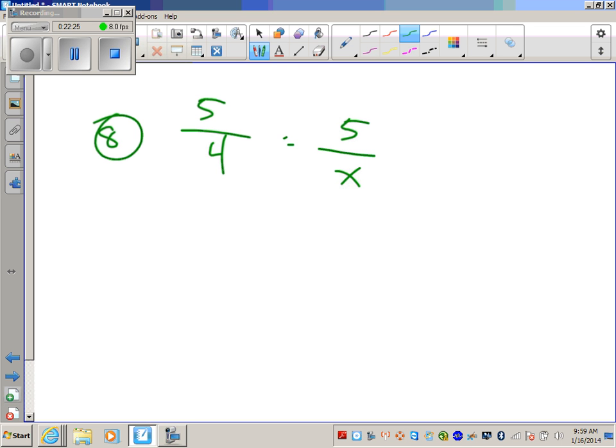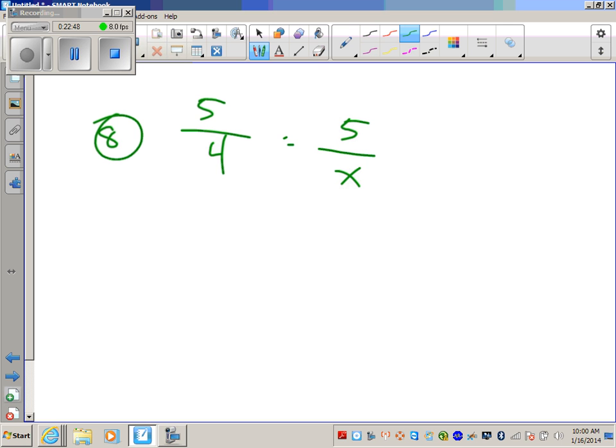A ratio, a proportion, just like we spent a lot of time figuring up until today. Now, you should know right away that x is going to equal what? Look at the first pentagram. They all equal 5. All of the sides are the same.